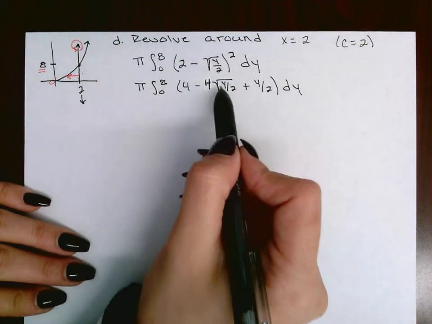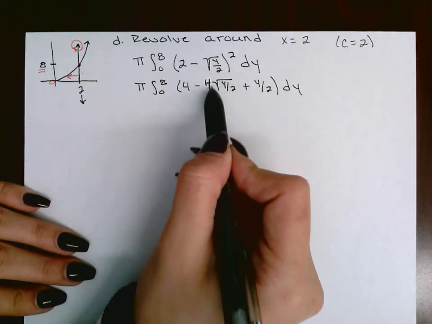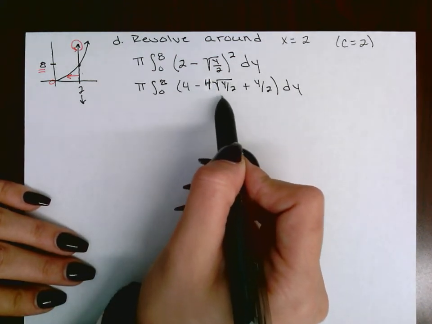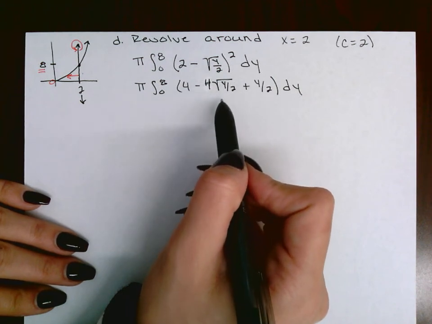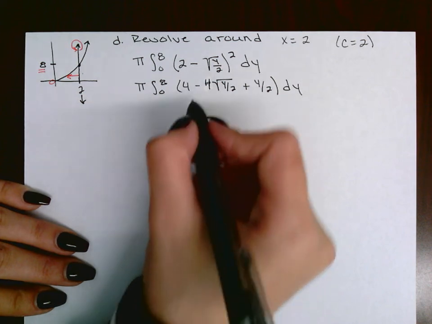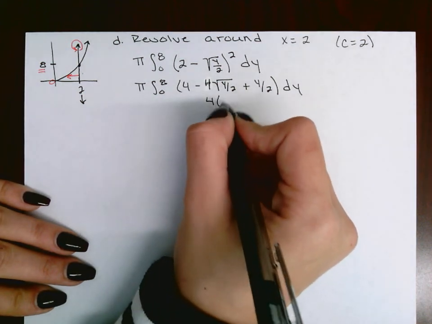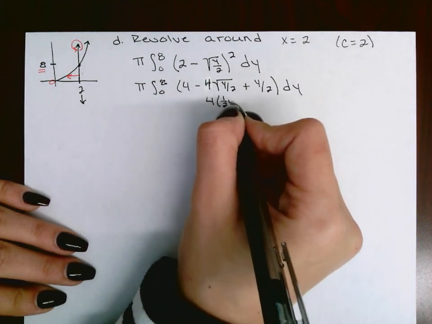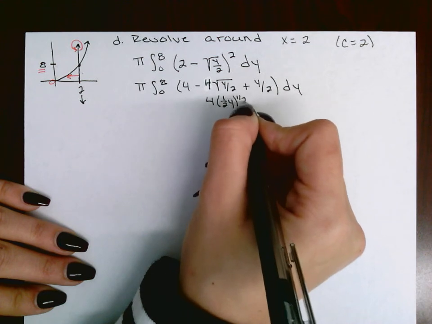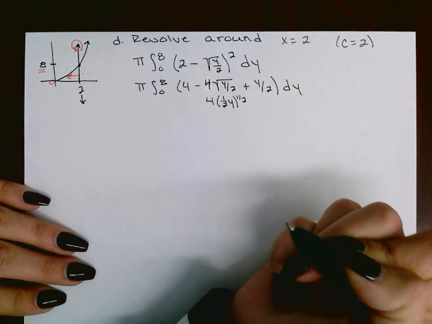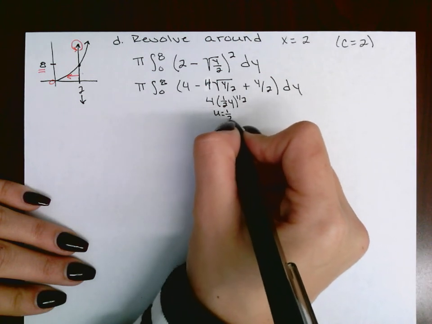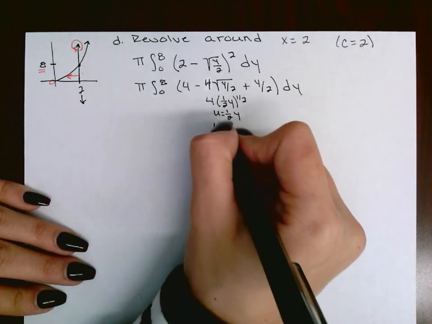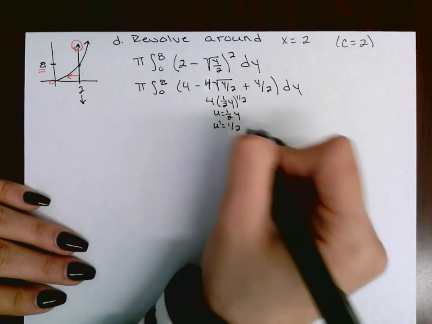Now, there is a little bit of u-sub in this middle term. That's why this one is really ugly, so be careful. This is like saying 4 times half y to the 1/2. So my u is half y, and my u prime is half.